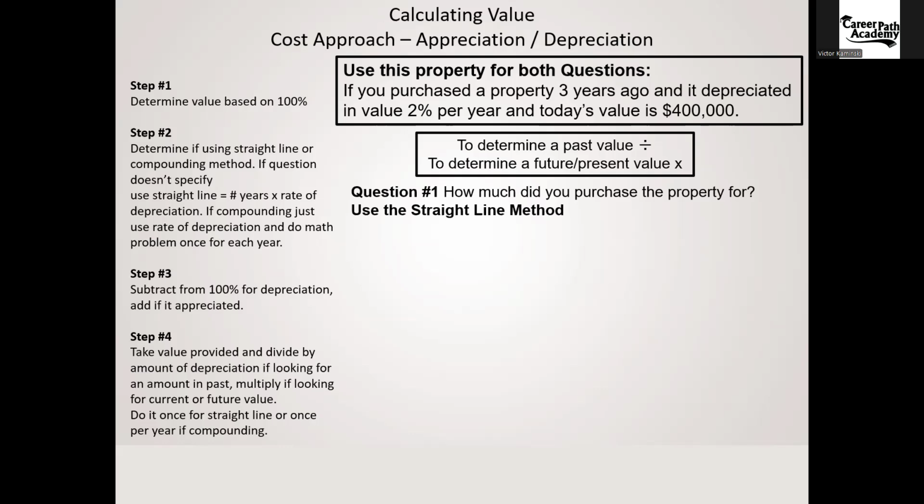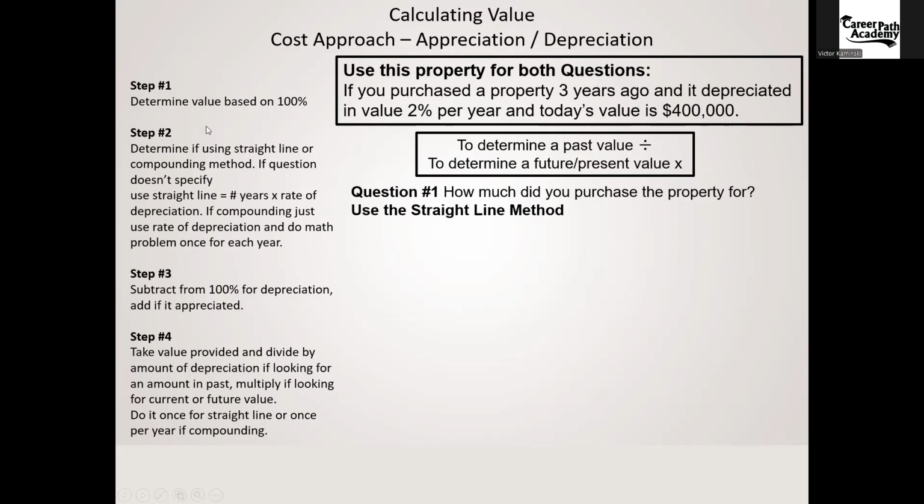Present value. Well, it shows you what today's value is. So you're trying to figure out a past value, how much you purchased it for. Oh, sorry, I didn't see that. Never mind. Because you're trying to figure out a past value, we're going to divide.